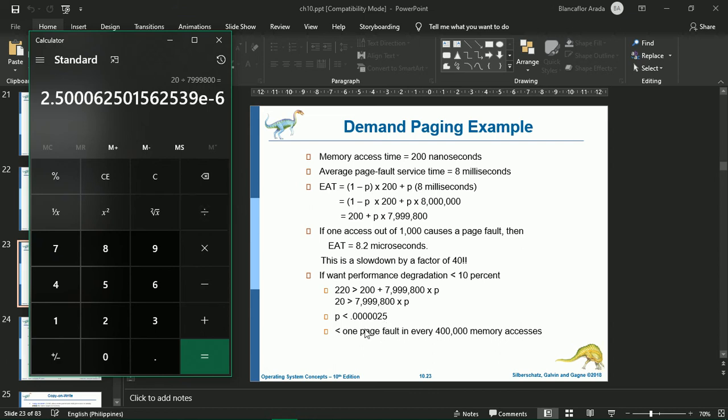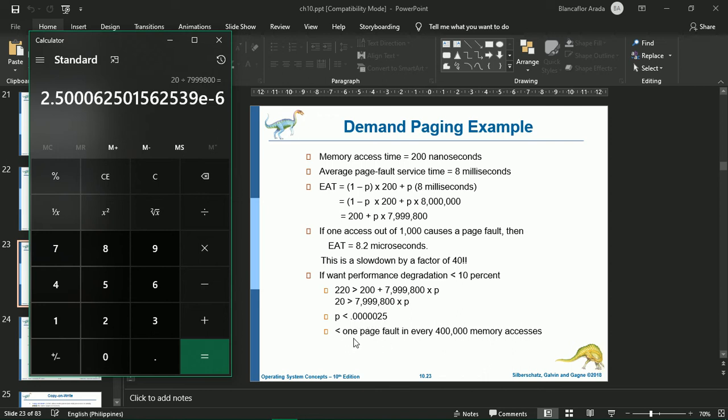Since this is -6, you have to adjust it. So it will be 2.5, and to remove this -6 here, we have P less than 0.000000025.